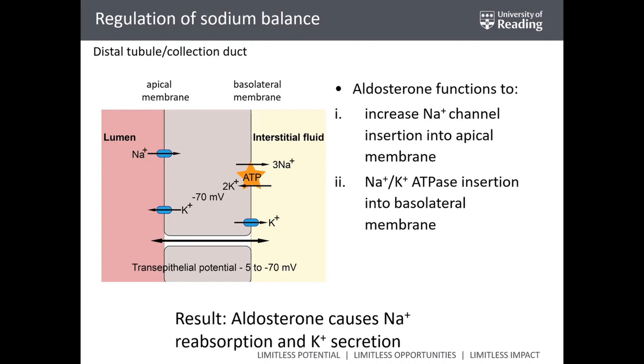So aldosterone has a double action on the epithelial cells of the distal tubule and of the collecting duct.